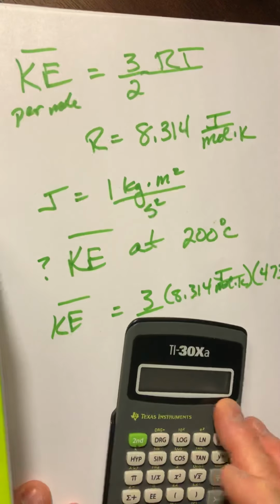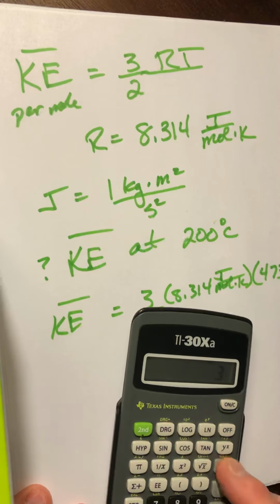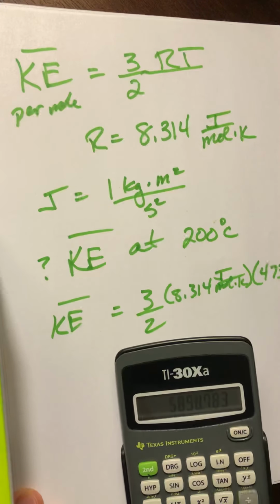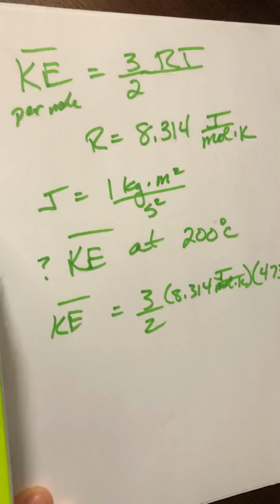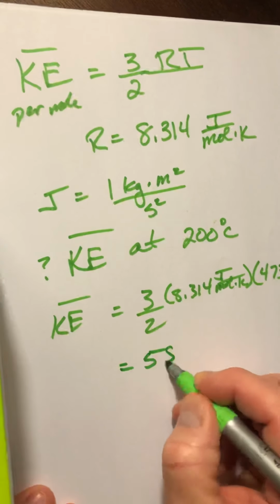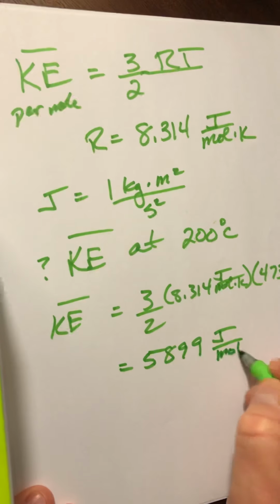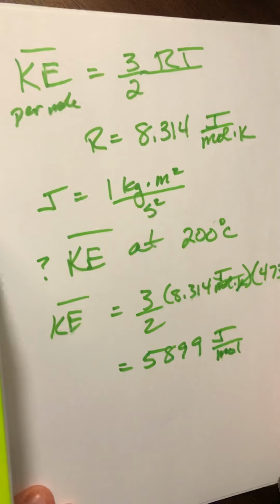We go through and do the math, and we get 5,899. And that's joules per mole. Only the kelvins cancel.